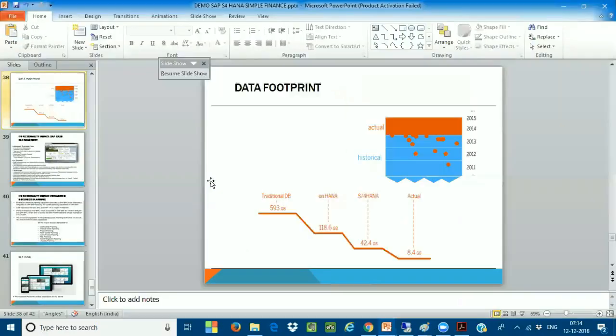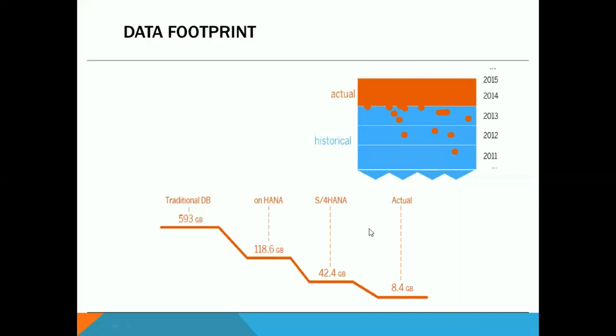That is from the HANA point of view. Now, after you get your SAP S4 core, which is nothing but your application, when I'm moving the same data, it gets compressed again up to 42.4 GB. My God, what a compression I'm seeing here.